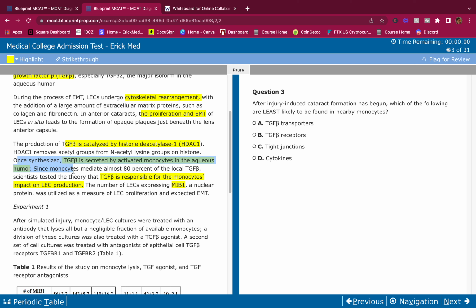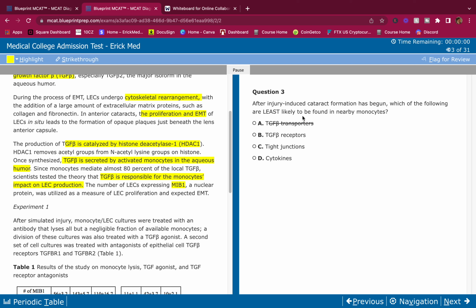So I know that TGF-beta is secreted by activated monocytes. If something is being secreted by the cell, I'm going to need a transporter to get that protein out of the cell. So I'm going to need TGF-beta transporters. The question is asking which one's the least likely, so this is wrong.